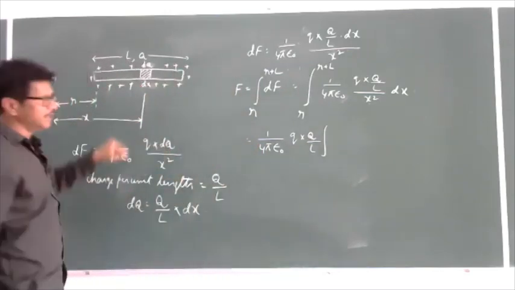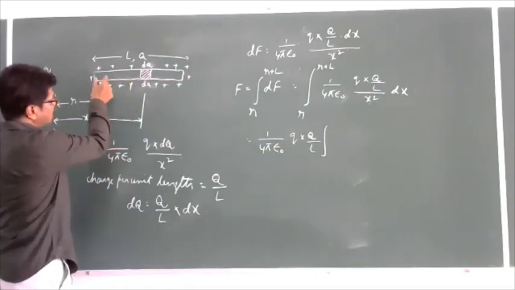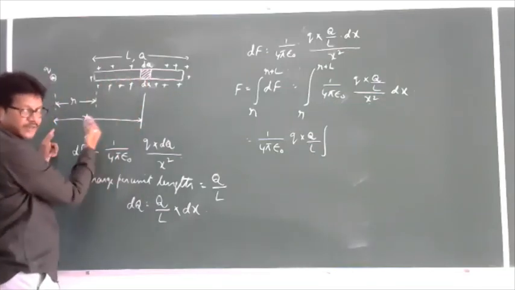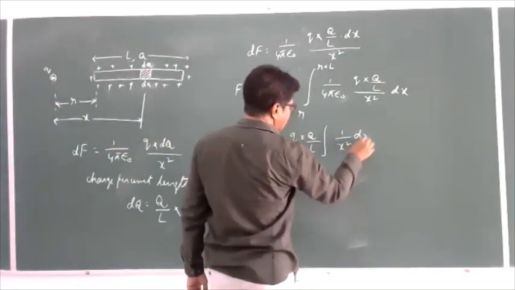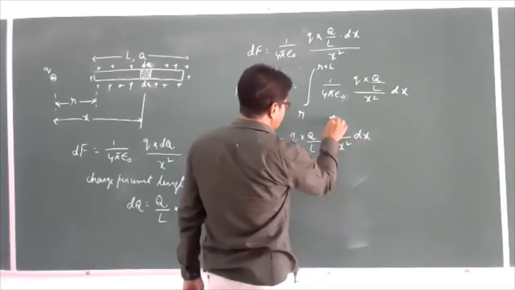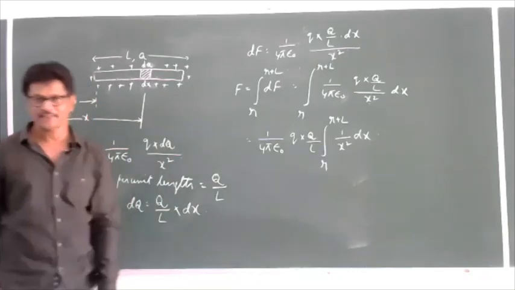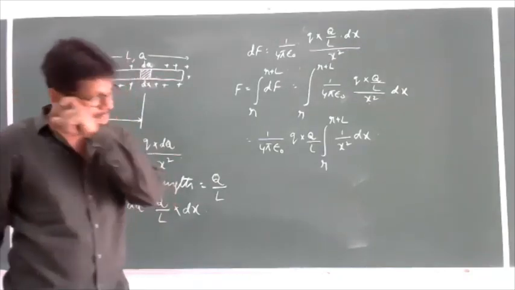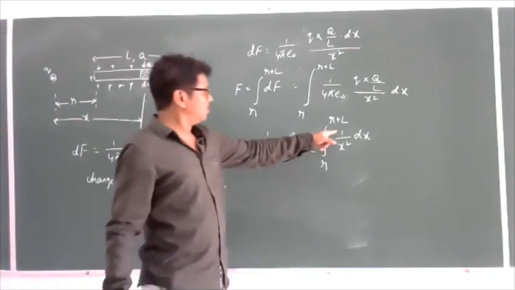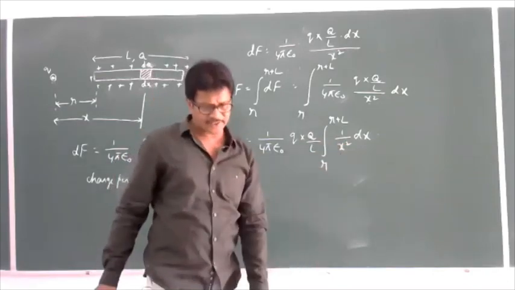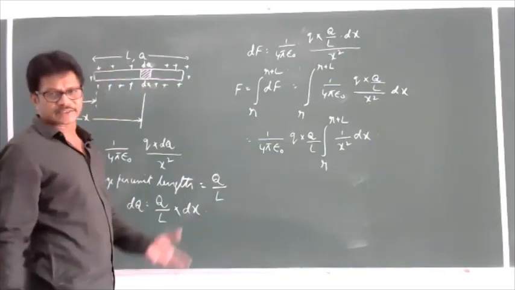Then what is the variable here? The x value is the variable, because from segment to segment this x value will change. So the integral of 1 by x square dx, from r to r plus L. Now, I hope you know the integral of 1 by x square dx is minus 1 by x.